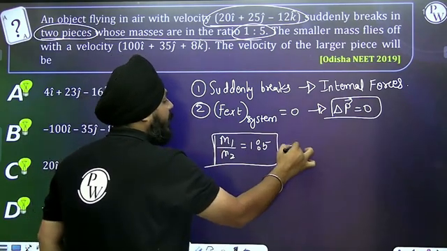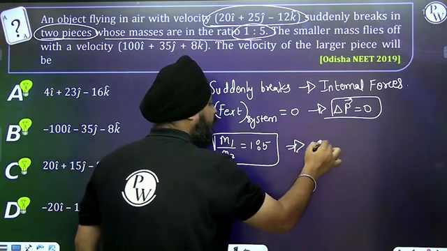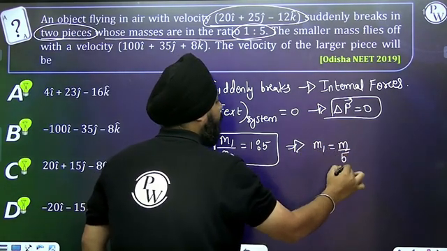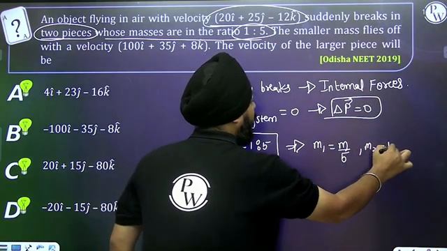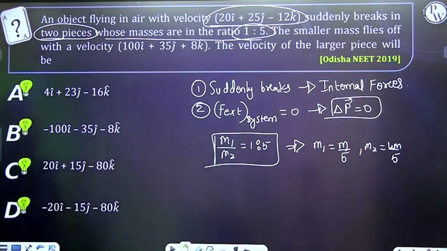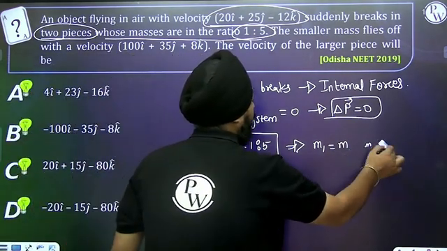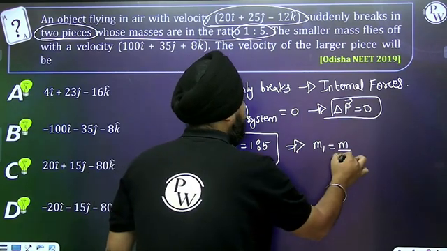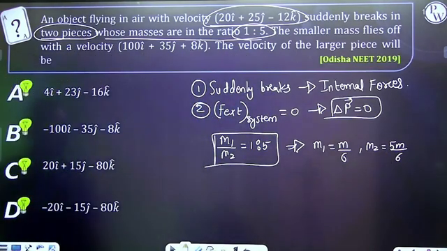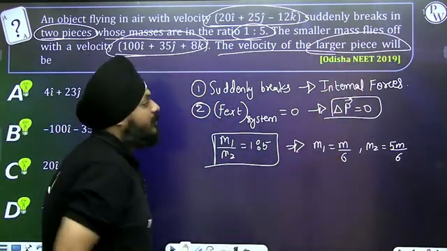So in another sense I can write M1 equal to M by 6, and M2 equal to 5M by 6. That's the perfect thing. The smaller mass flies off with this velocity. What will be the velocity of the larger piece?